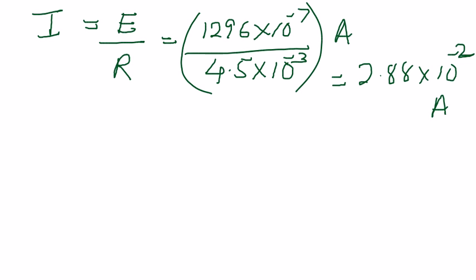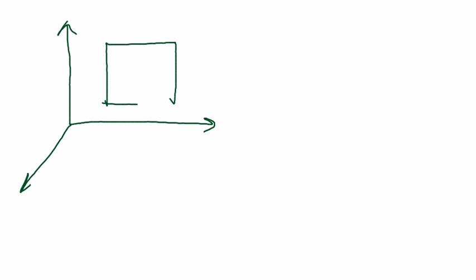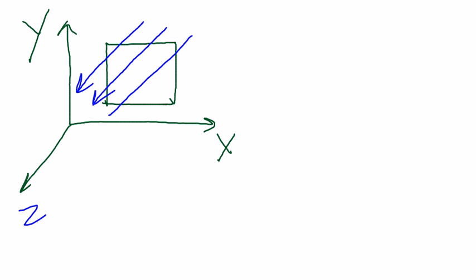Now let's see what would be the direction of induced current. It's given that the square loop has its sides parallel to the x and y axis, and the magnetic field is in the positive z direction.